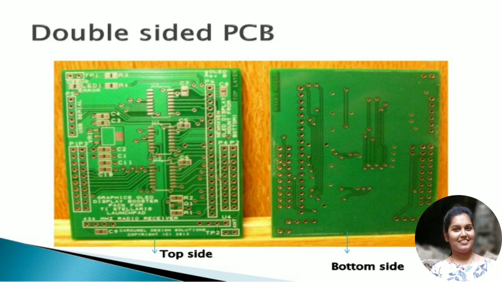You can see the conducting parts on both sides. In this diagram, the green layer is the substrate. This side is the top side, this side is the bottom side. On the top side you see conducting parts, and on the bottom side also you see conducting parts. This kind of construction we call double sided PCB.